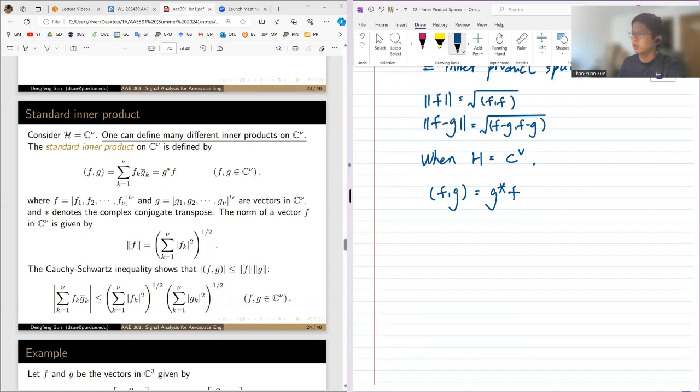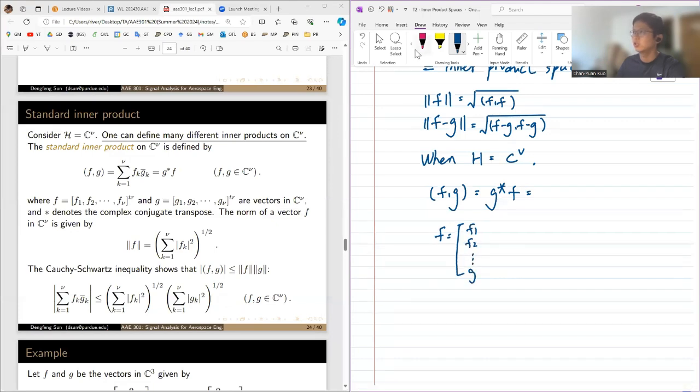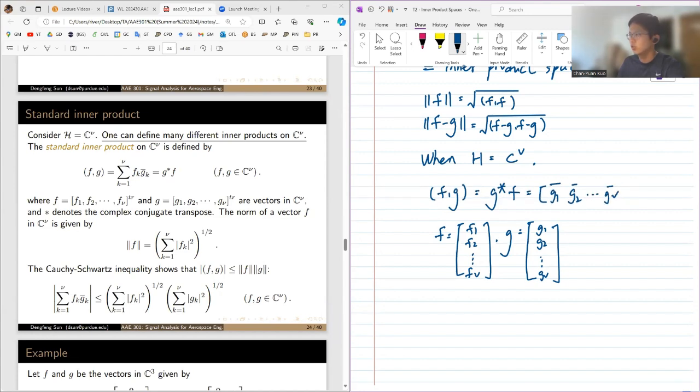So if F is equal to F1, F2, all the way to F nu, and G is equal to G1, G2, all the way to G nu, then the complex conjugate transpose of G will be the complex conjugate of G1, the complex conjugate of G2, all the way to the complex conjugate of G nu, times F1, F2, all the way to F nu.